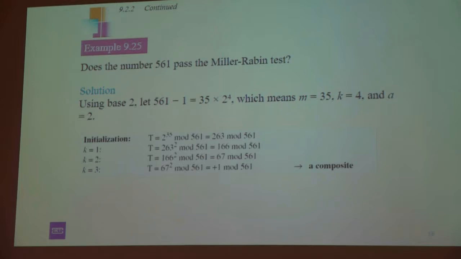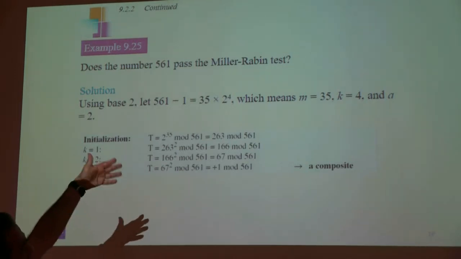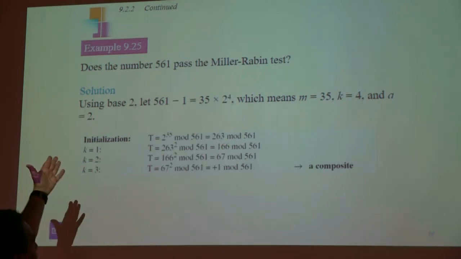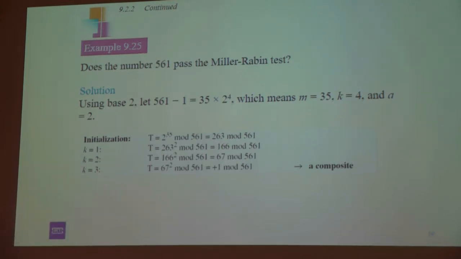What is the value of m? 35. So m is 35, k is 4, and a is 2.